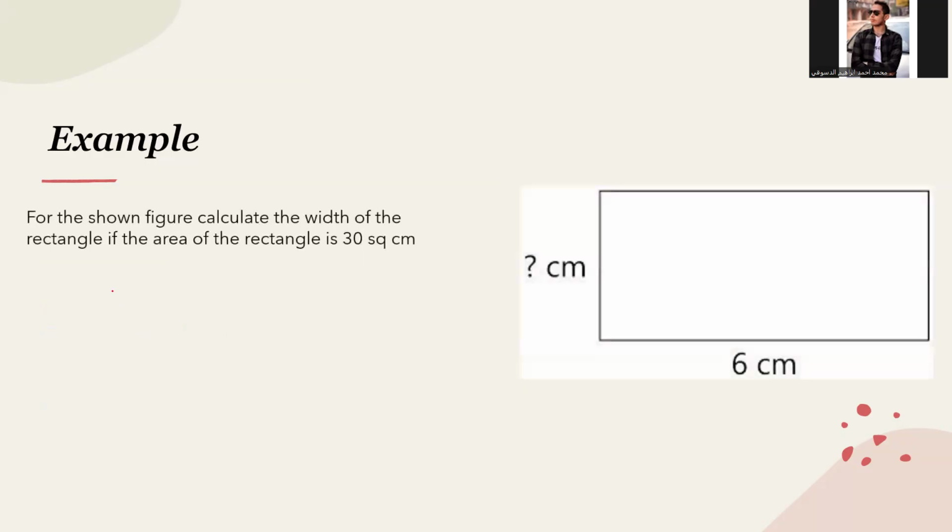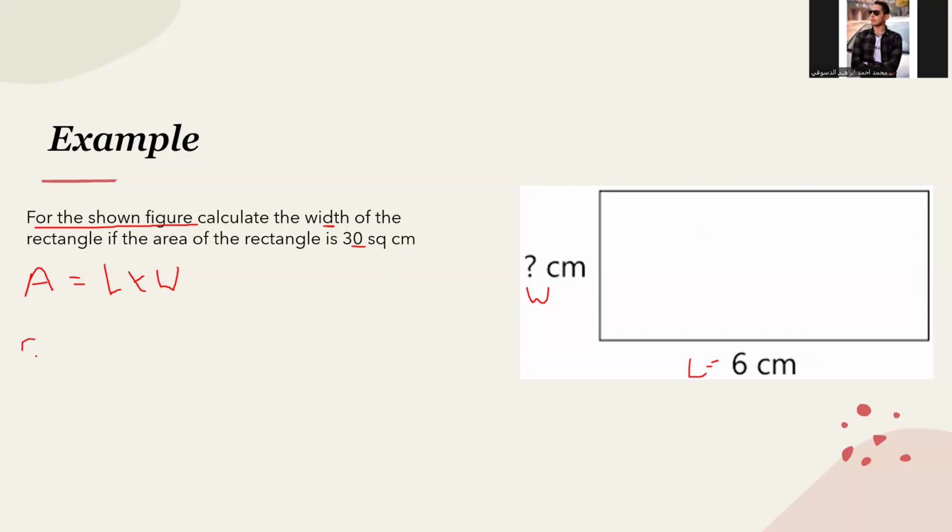Another example, for the shown figure, calculate the width if the rectangle area is 30 square centimeter. So he gave me the area and gave me the length, and he wants the width. Okay, we take the formula, we write the formula, and we understand what's missing. The area of the rectangle is length times width.